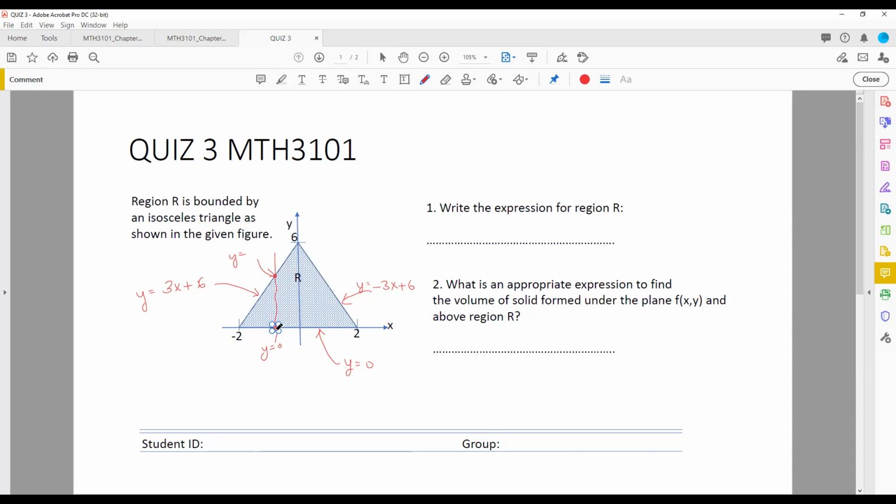If you pick this point, you will exit at this point on y equals 3x plus 6. But if you go to the right-hand side, pick one point and run along the y-axis, you will exit on this line.